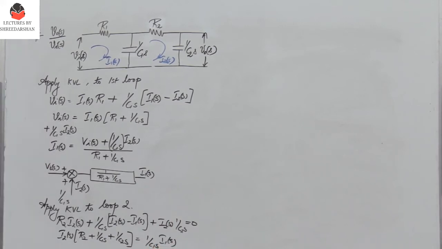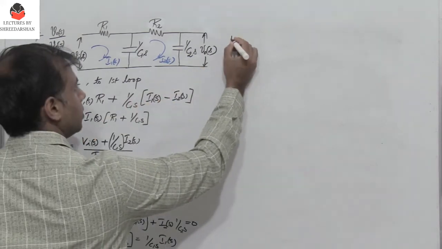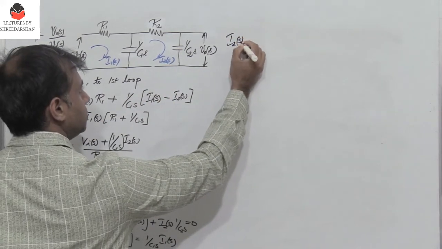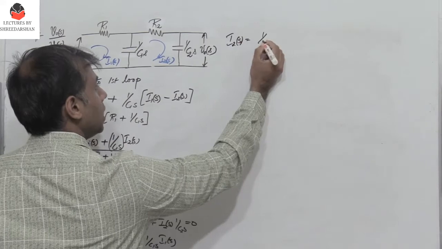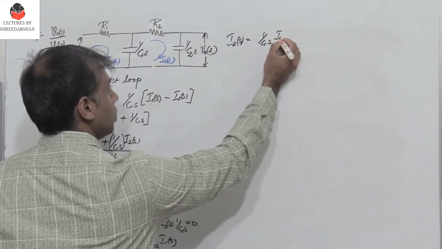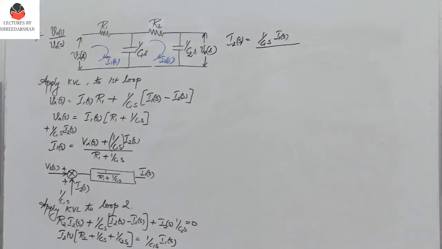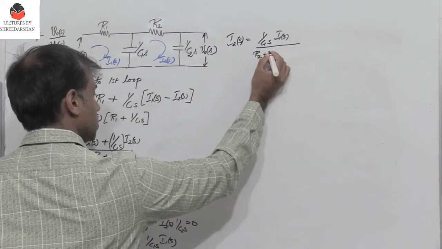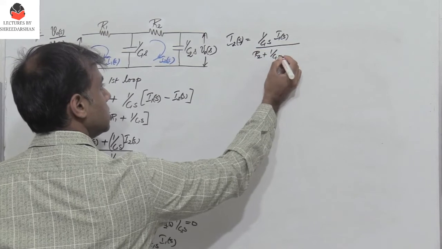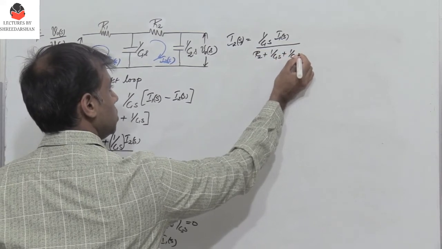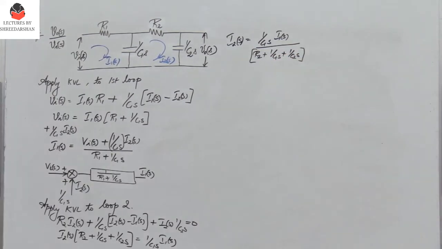So what is I2 of s? I2 of s is equal to 1 by C1s into I1 of s divided by this entire factor, which is R2 plus 1 by C1s plus 1 by C2s. So this again can be represented in the form of a block diagram.